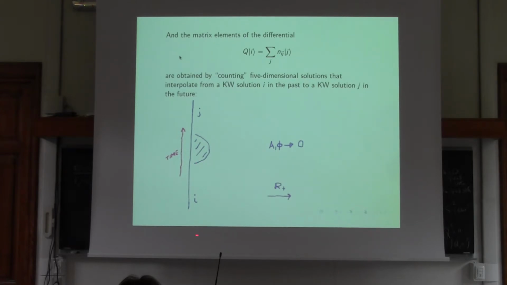In the past, the solution is time independent, and it comes from a 4-dimensional solution I. In the future, it's again time independent, and it goes to a 4-dimensional solution J. And in between, anything might happen. But the anything is localized near the boundary because far away from the boundary everything goes to 0. So to compute the matrix element of the differential, we count 5-dimensional solutions of this kind.